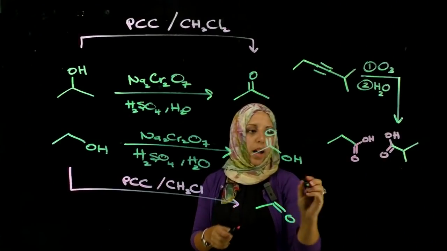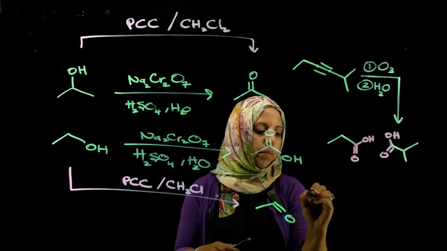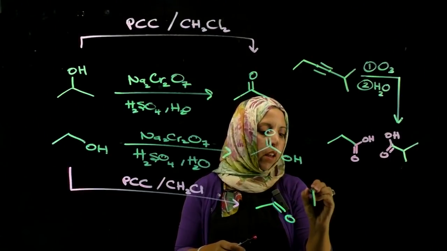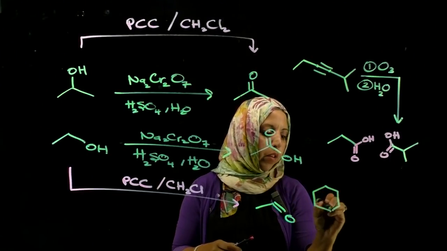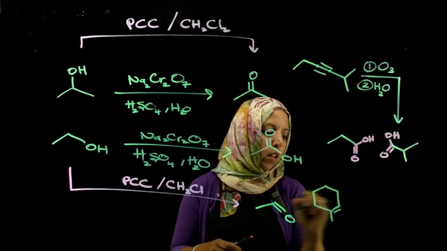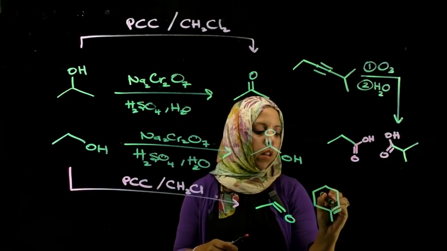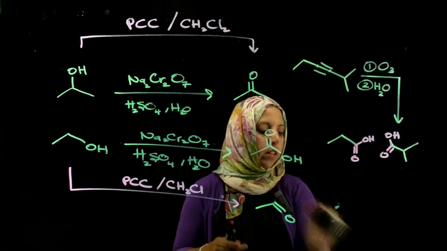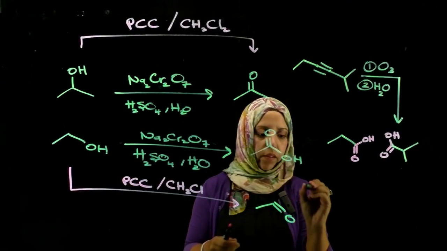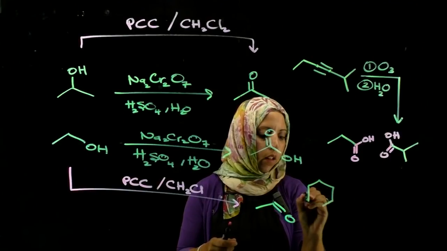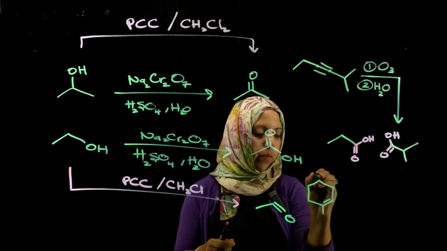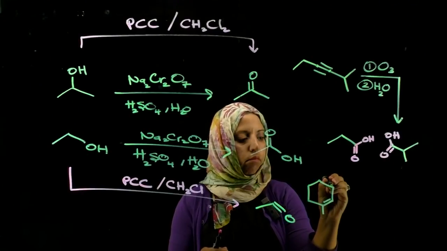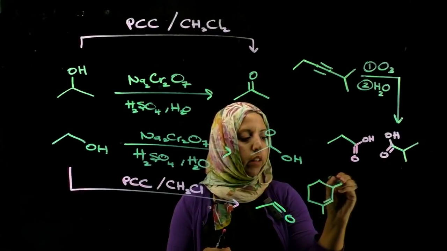However, if you start from an alkene instead, and I'm just going to make it into a cyclic molecule, here is a pi bond.